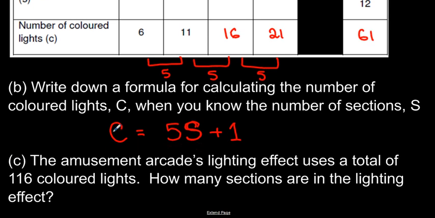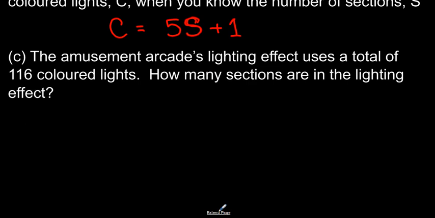Okay, so the next bit is a question that says the arcade lighting effect uses a total of 116 lights, and it says how many sections are in the lighting effect. You'll be asked to use the formula, and there's a couple of ways that you might use it. It might have asked you, for example, how many coloured lights will there be if there were 15 sections?